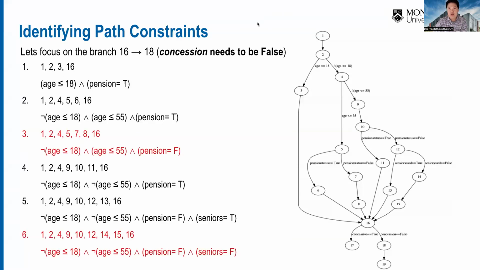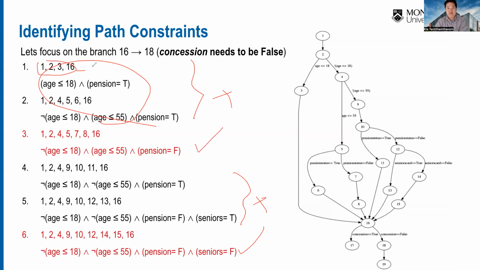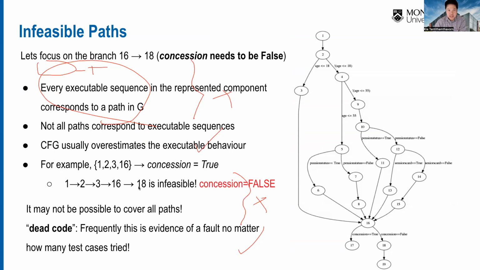These are the two valid paths that allow us to reach line 16 and 18, because the concession needs to be false. But these are the invalid ones, because when the program executes through this path, the concession will be true. So it is invalid. The concession cannot be false at all. That's why in this case it's called dead code.